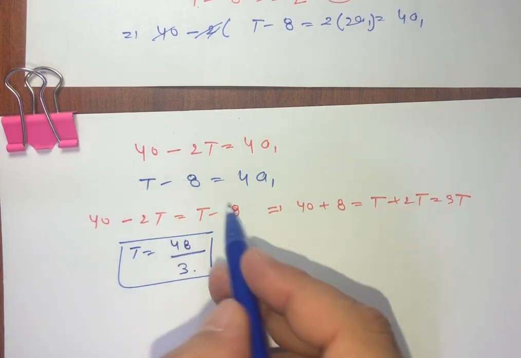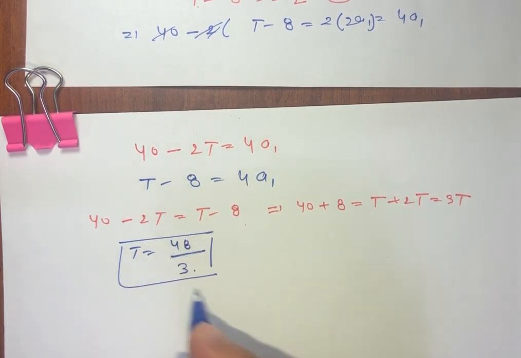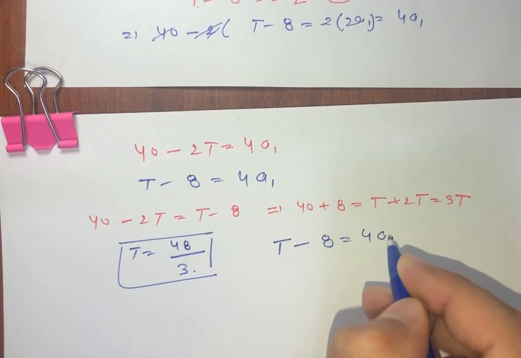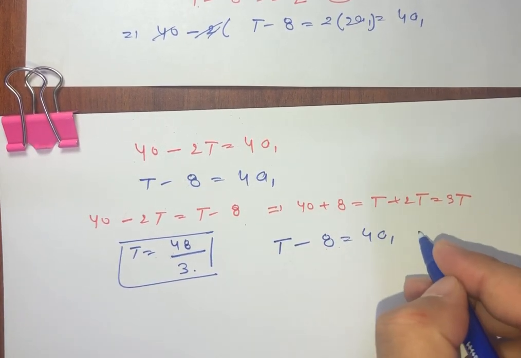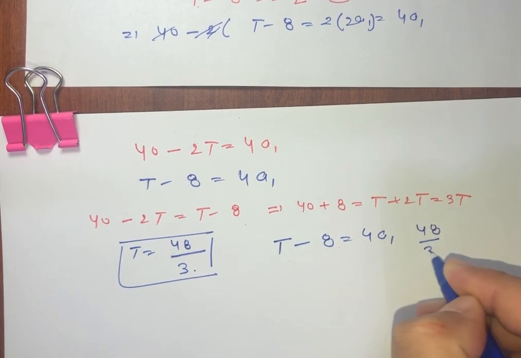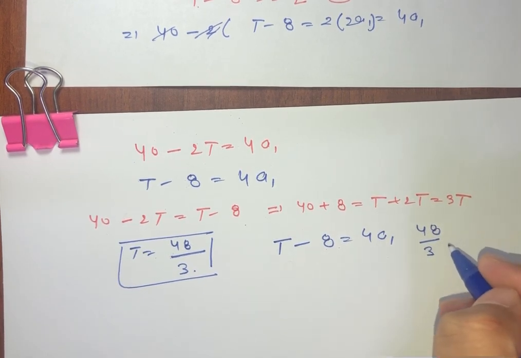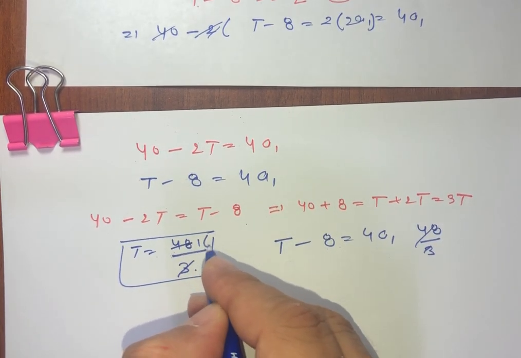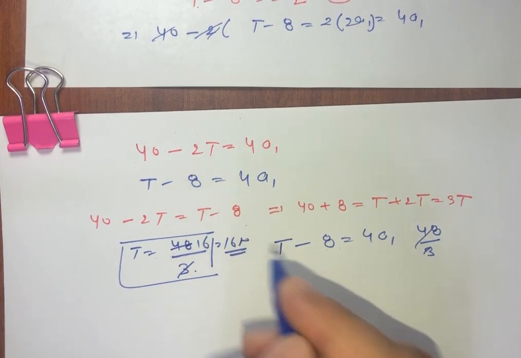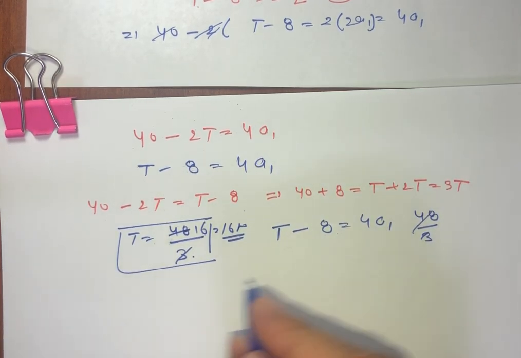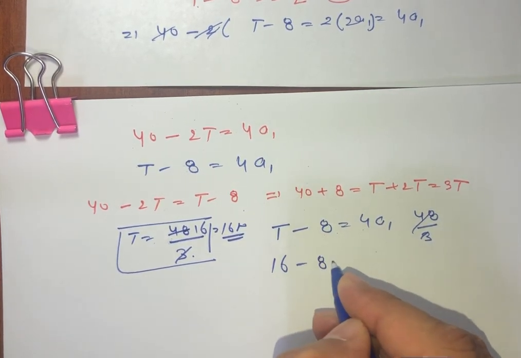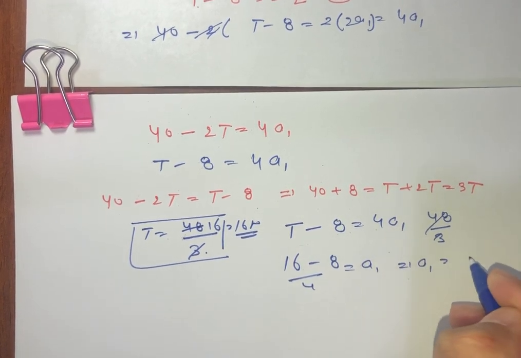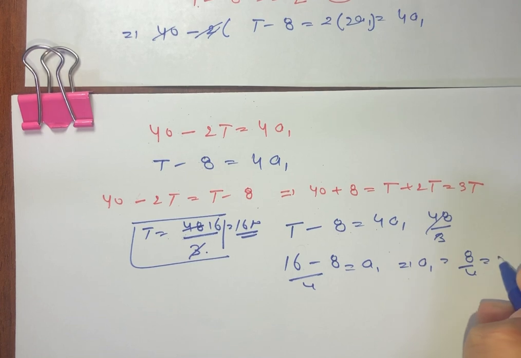Okay. So let us use this equation. T minus 8 is equal to 4a1. So putting value of T, that is 48 divided by 3, we can cancel it. 16 Newton. So we get this as 16 minus 8 divided by 4 is equal to a1. a1 is equal to 8 divided by 4, which is equal to 2.